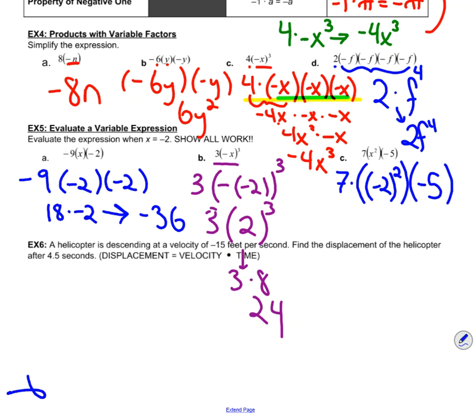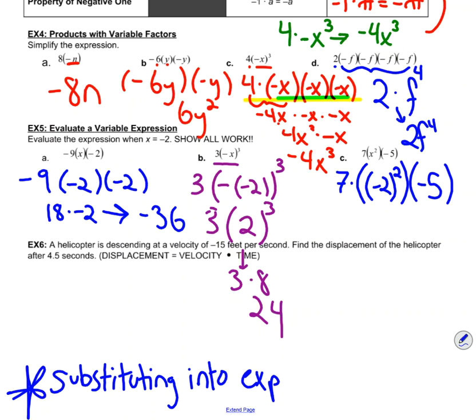So draw a big star, just like I'm doing, and let's say that substituting values into exponents, we have to use parentheses. So let's write that. Substituting into exponents, use parentheses.